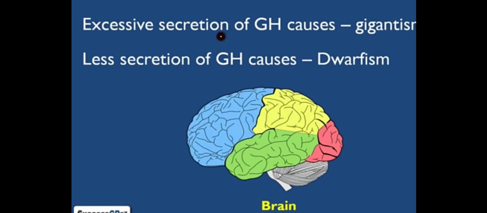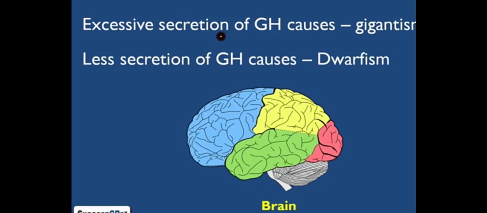Excessive secretion of growth hormone causes gigantism, and if there is less secretion of growth hormone, then it causes dwarfism.